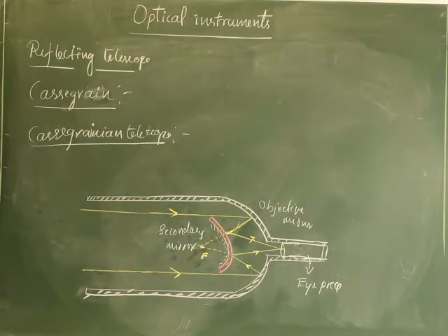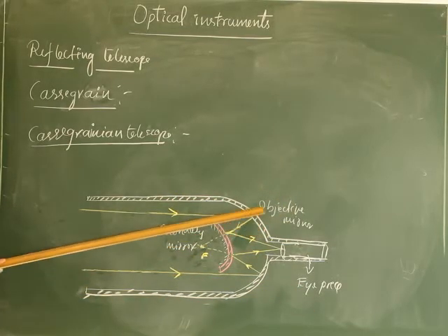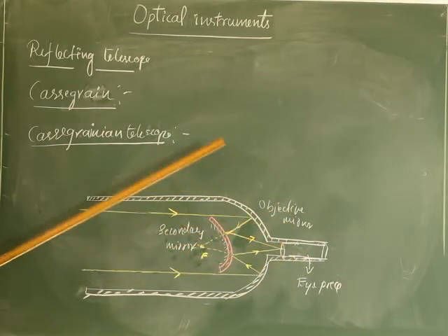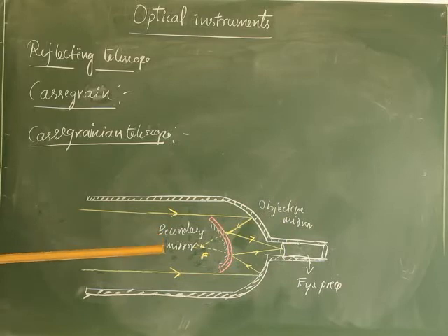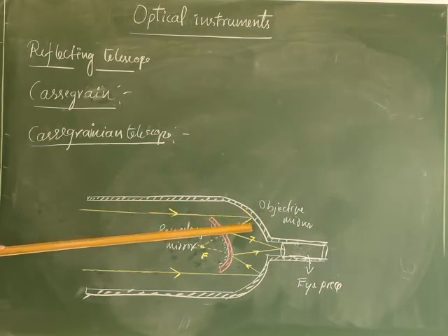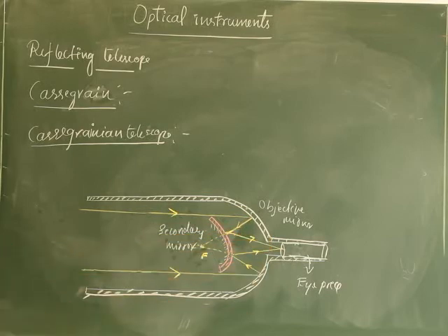Okay. So hope this is clear for you people. The objective lens condenses light, you can see here the eyepiece is there, the objective mirror is there, and the secondary mirror is there. Once a ray of light falls on this particular point, reflection takes place. So all these are the basics regarding the reflecting telescope.